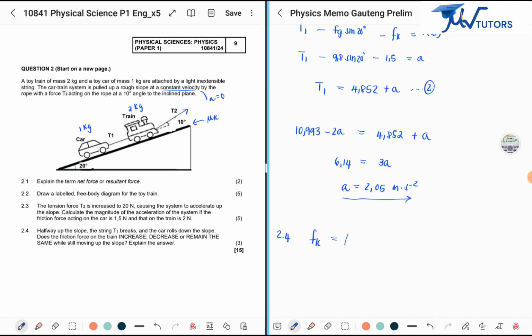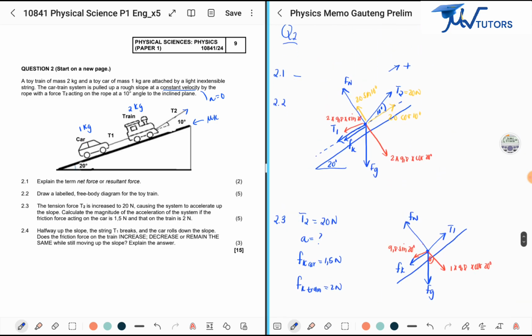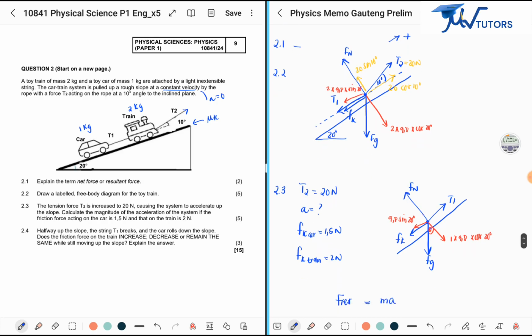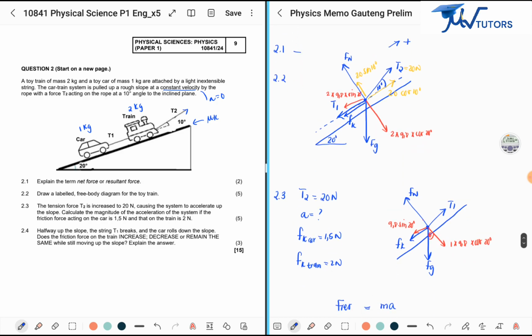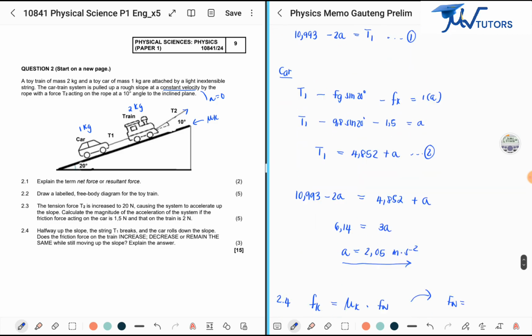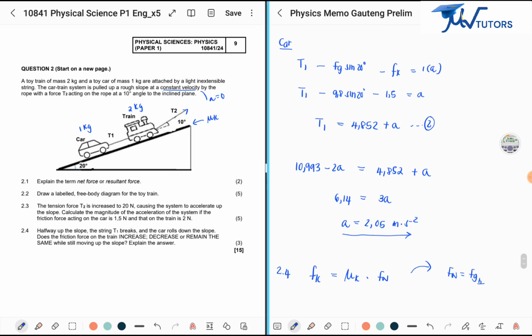So the friction force is equal to the coefficient of friction multiplied by the normal force. What does the normal force consist of? If we're looking at our free body diagram for the train, the normal force is going to be equal to your FG perpendicular, right?